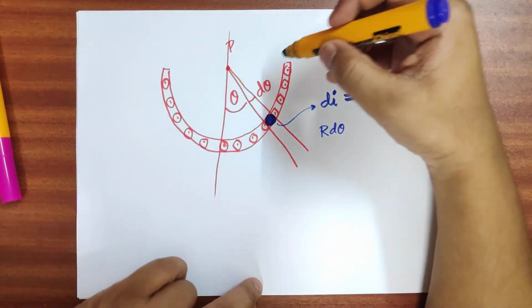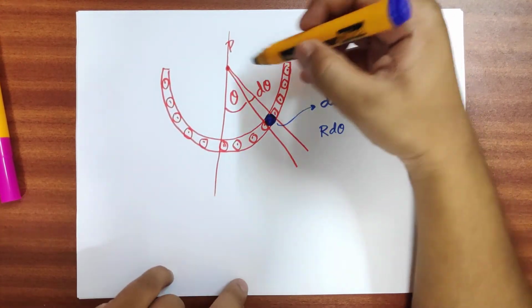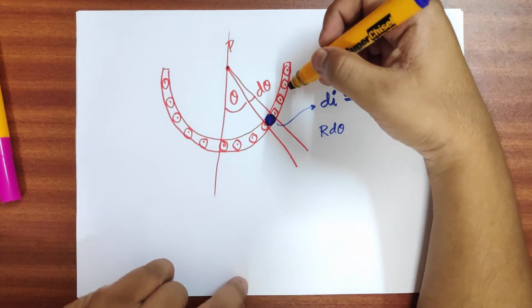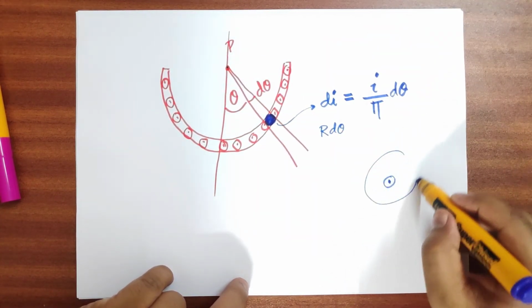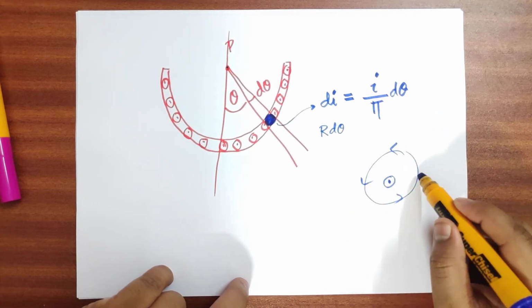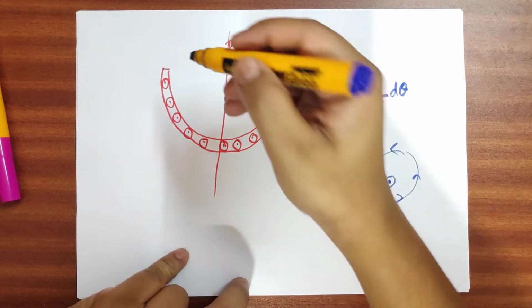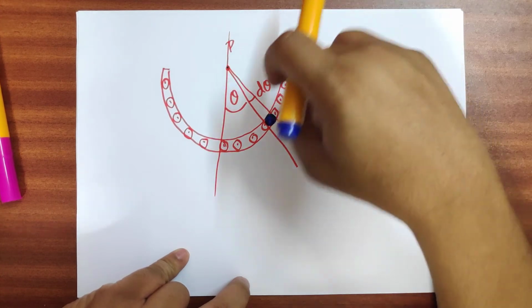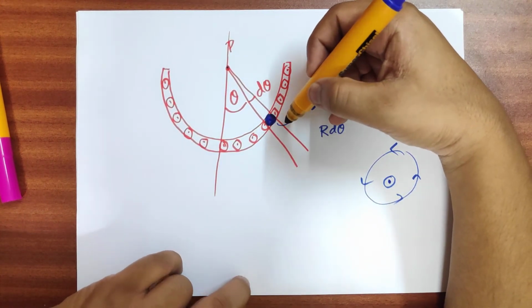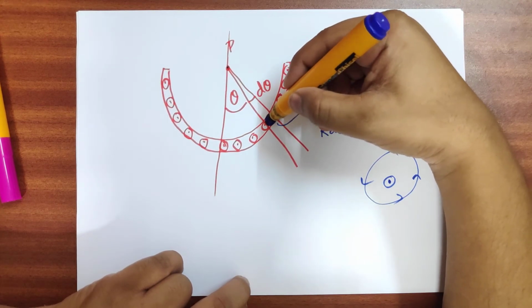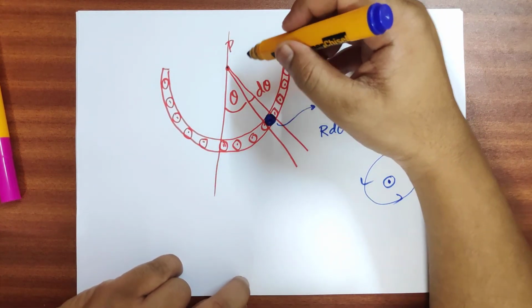And due to this current carrying wire, what is the direction of the field here? Due to a straight current carrying wire like this, you have field lines like this. Suppose nothing else is there, you have this current carrying wire, current is a dot like this.